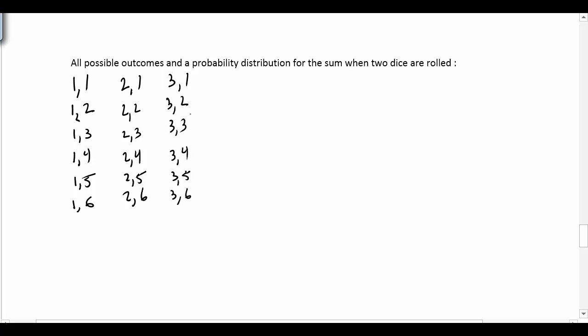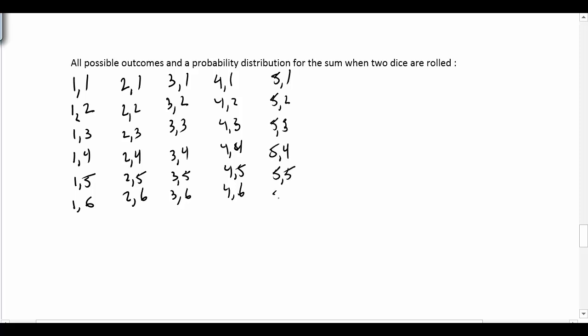We get this nice, lovely chart that lists out all the possibilities when rolling 2 dice. Sorry, not 4. That should be a 5. And then one more row.